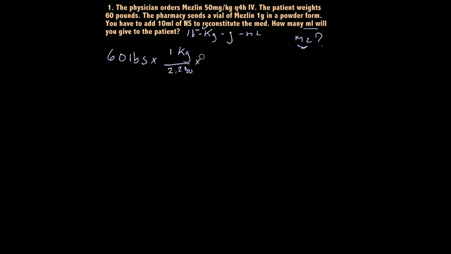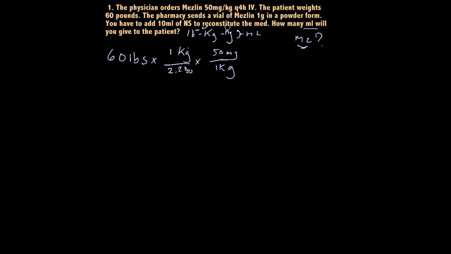Now I'm going to go from kilograms to milligrams to grams to milliliters. I forgot about that step. So now I'm going to get rid of my kilograms. I know that for every 1 kilogram, I have 50 milligrams. All right, these cancel out.